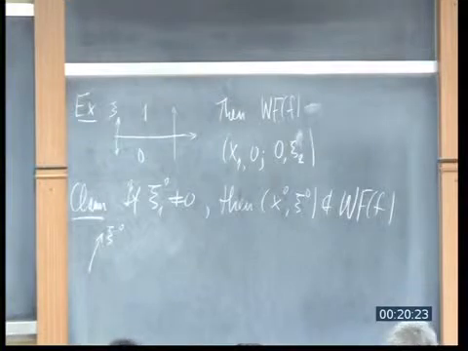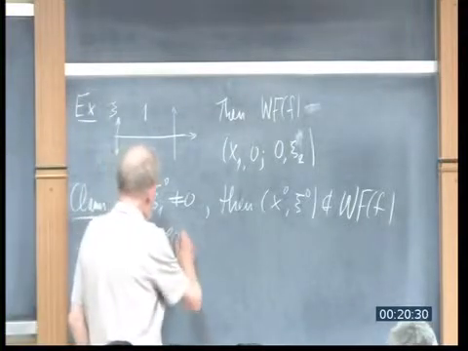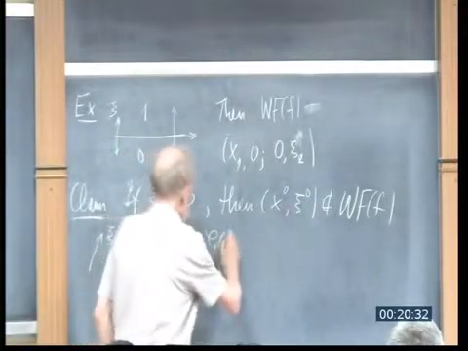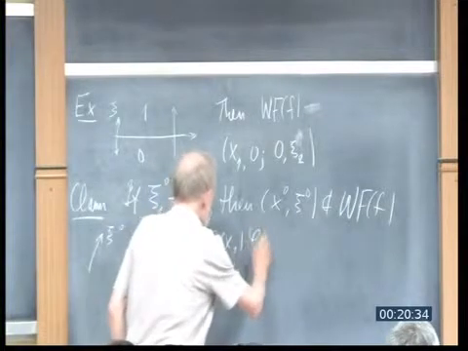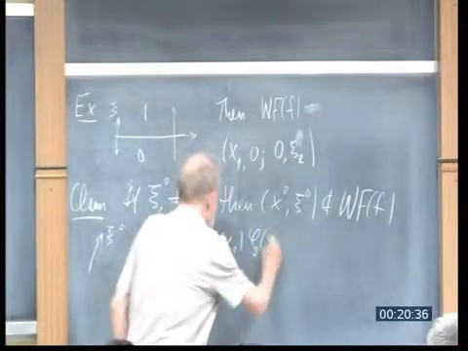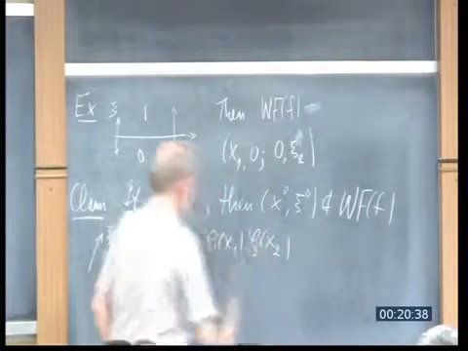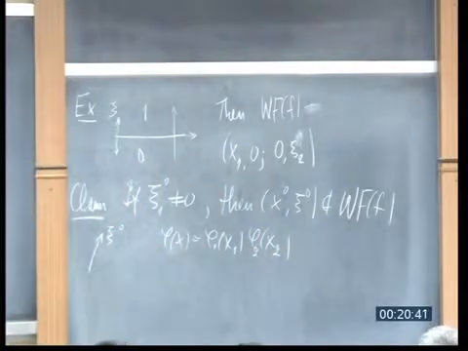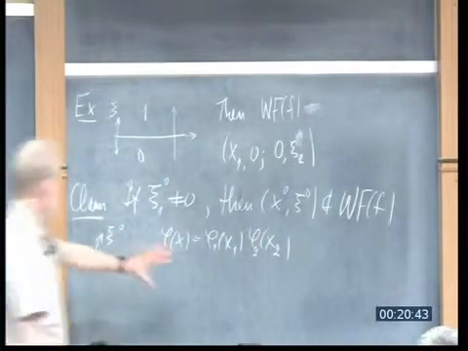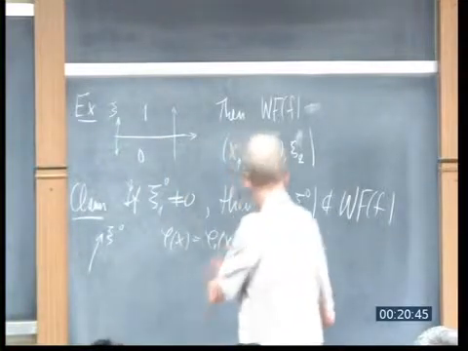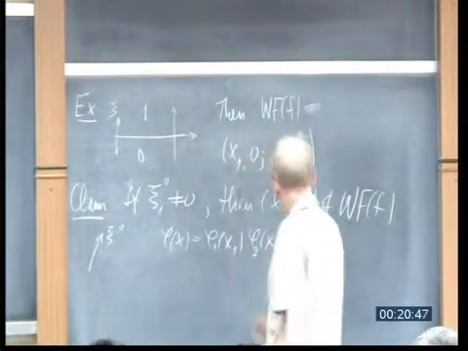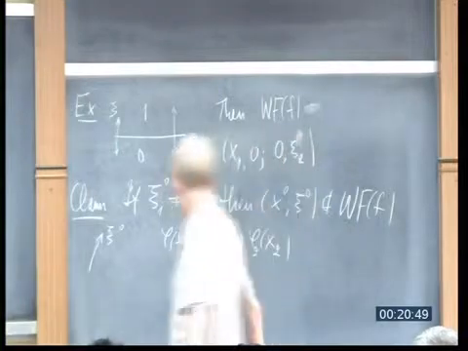Well, we are free to choose phi as we like. So I want to choose it as a product of a function of x1 and a function of x2, and of course non-zero at the corresponding point.